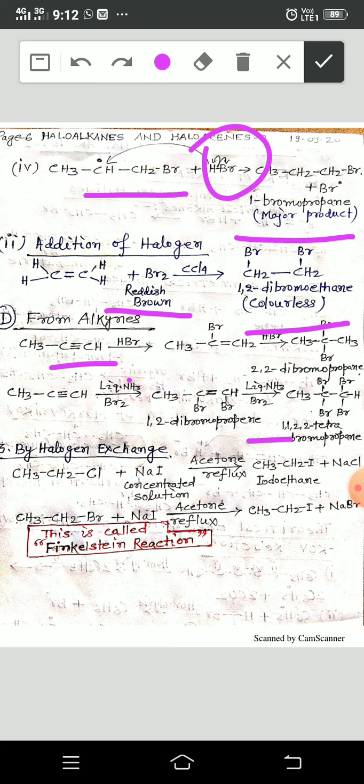And if you want to get ethyl iodide from ethyl chloride, you can follow this type of reaction, and this is known as the Finkelstein reaction. So remember, it is asked in the topic of name reactions. Very important, Finkelstein reaction, and you have to make a separate notebook for the name reactions, for the conversions.